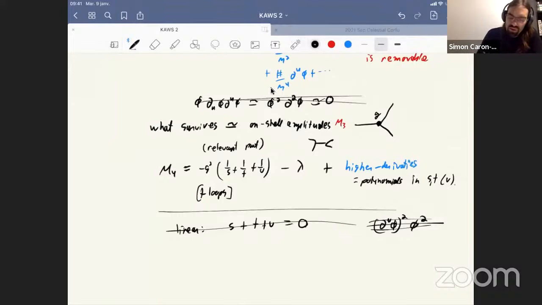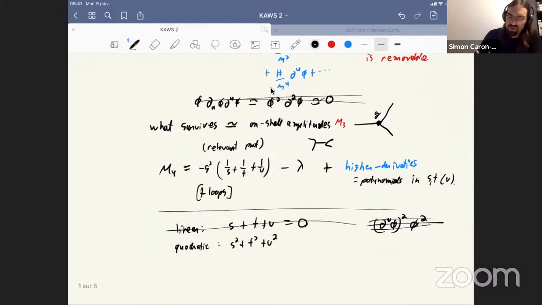The first thing that actually has an observable effect is quadratic in Mandelstams. That would be s squared plus t squared plus u squared. That's non-zero, it's a sum of squares. And at the next order, you only have one invariant, it's stu.